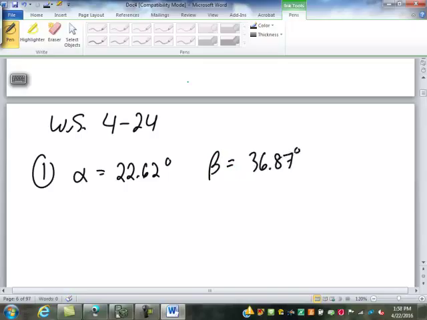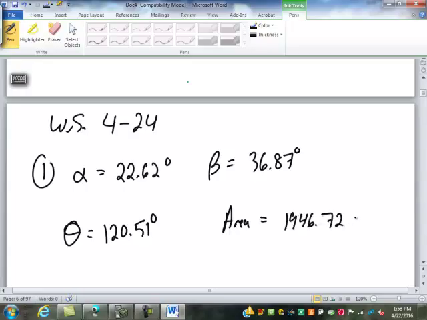Those are just your heel angles. Theta is found by subtracting from 180, which is 120.51 degrees. And your roof area, 1,946.72 square feet. Anybody have those all right?